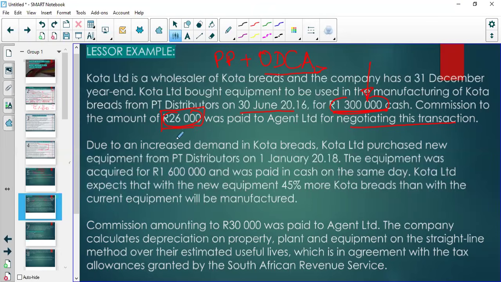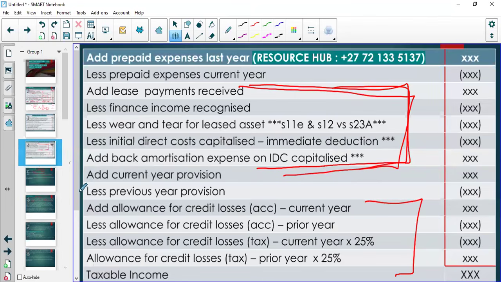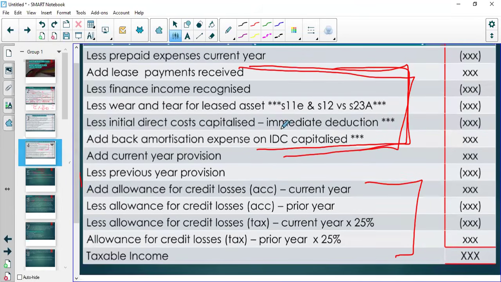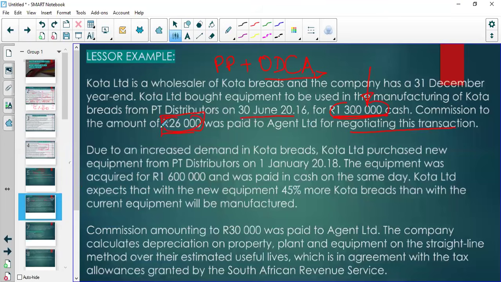So we have to deduct it immediately. But then if we capitalize it, any depreciation on that capitalized amount should be added back, because we are required to deduct it immediately.